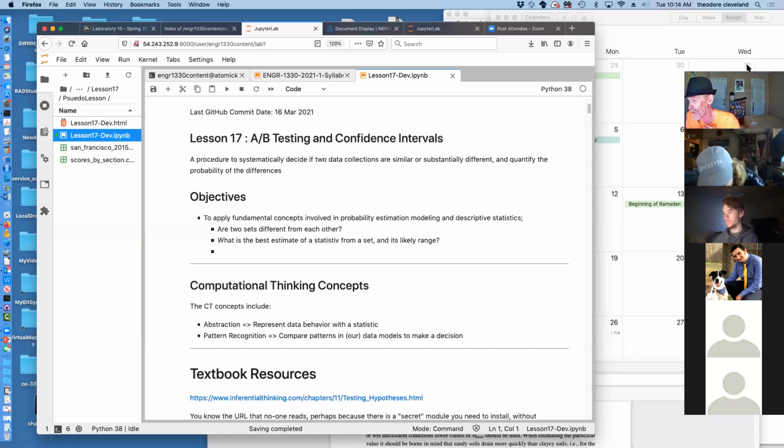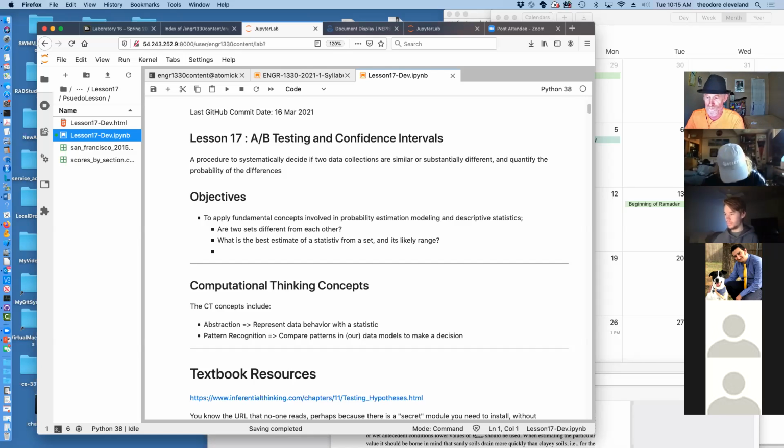Or if we rename the sets from set 1 and set 1s, set 2 and set 2s, and grouped them. So we take 1 and 1s, put them together. That's one set. And we call it A. And then we take the short and fat ones, set 2 and set 2s. We group them into a single set and we call it B. That is the essence of A/B testing.